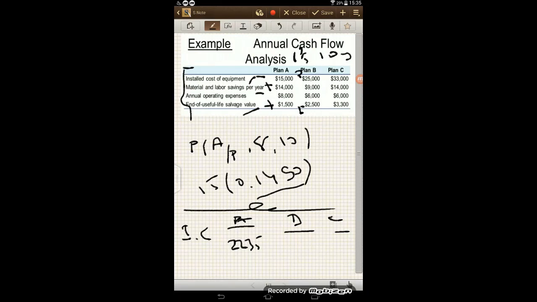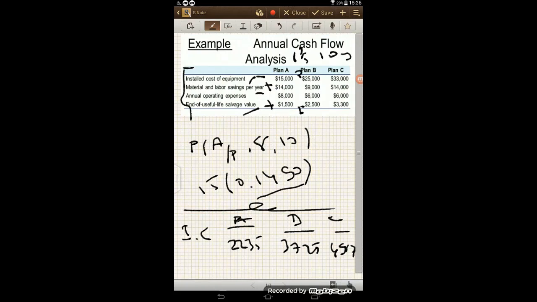Instead of 25,000, it's gonna be annual series of 3,725. And instead of C, it's gonna be 4,917. Okay. So this is initial cost.